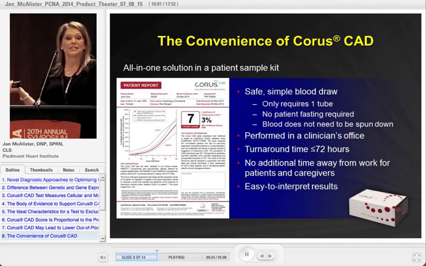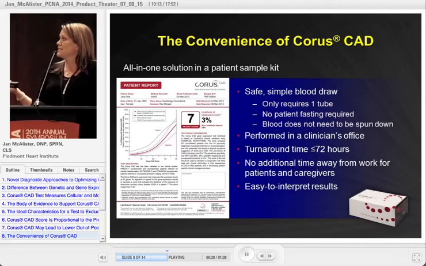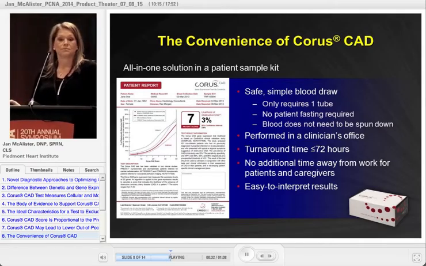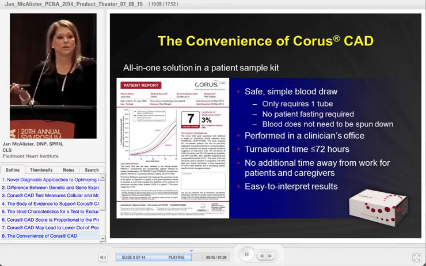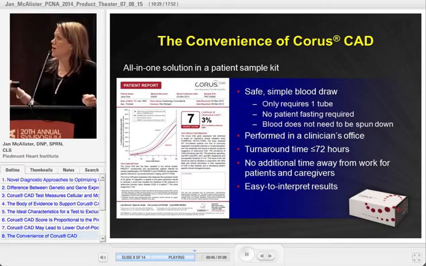The blood does not need to be spun down, so you don't need a centrifuge. Turnaround time is 72 hours. Patients do not have to take more time off of work to come back for more testing. They don't get the radiation. So it's a win-win situation for all involved.